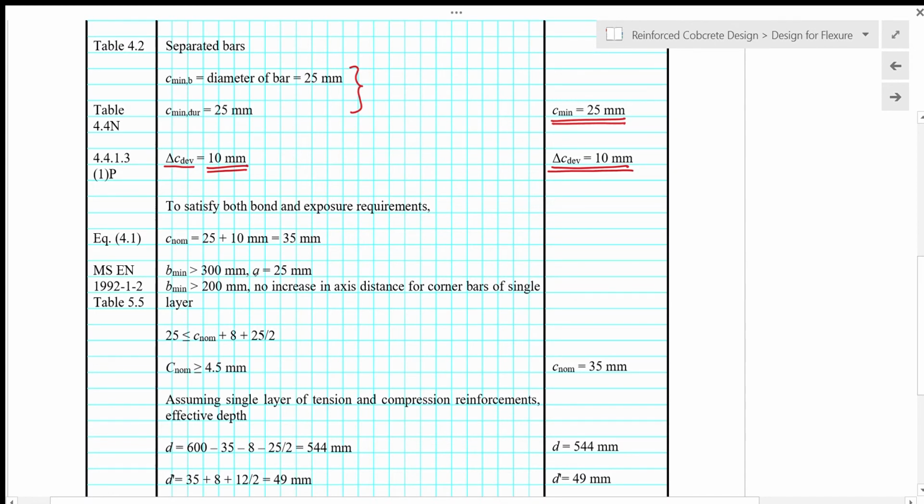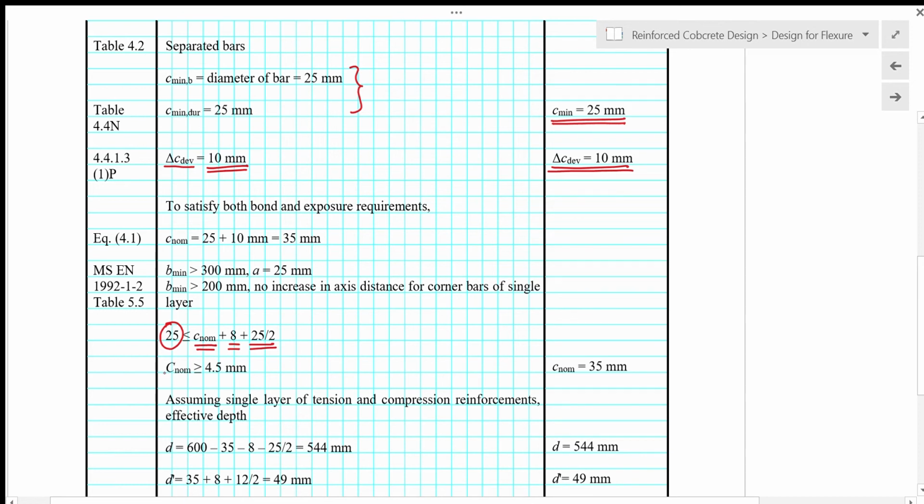Therefore, the axis distance is 25 mm as we have got from b min of 300 mm, and for b min greater than 200 mm, there is no increase in the axis distance for corner bars of single layer. So we can substitute a or a_sd, okay, and then it should be smaller or equal to C nom plus the link diameter plus the bend bar diameter over 2.